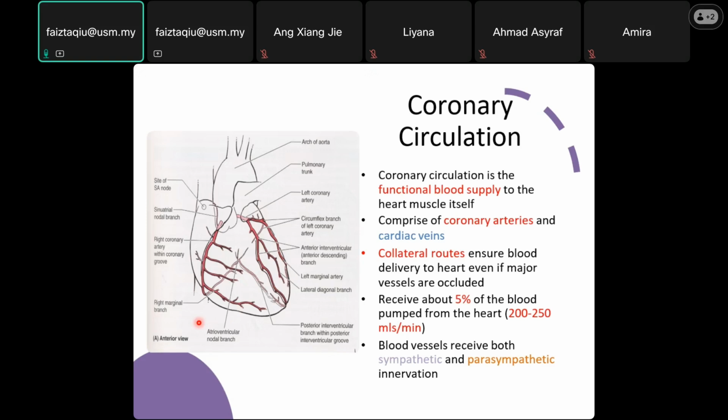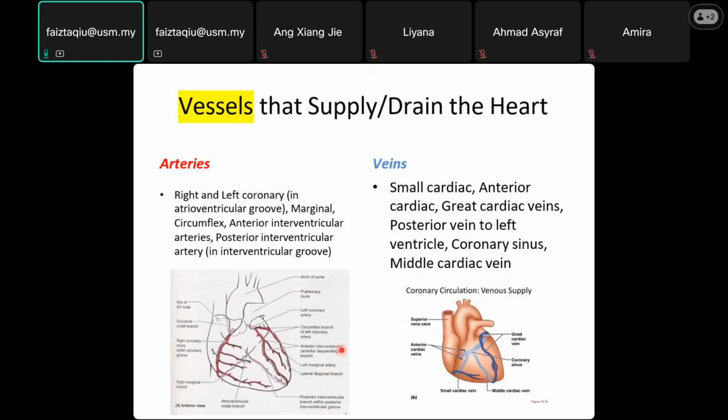So this is the diagram. Later on we go through it specifically. The vessels that supply or drain the heart comprise the arteries and veins.